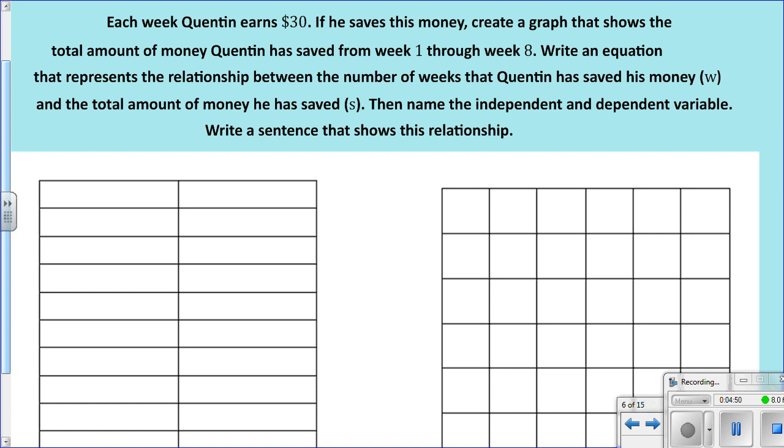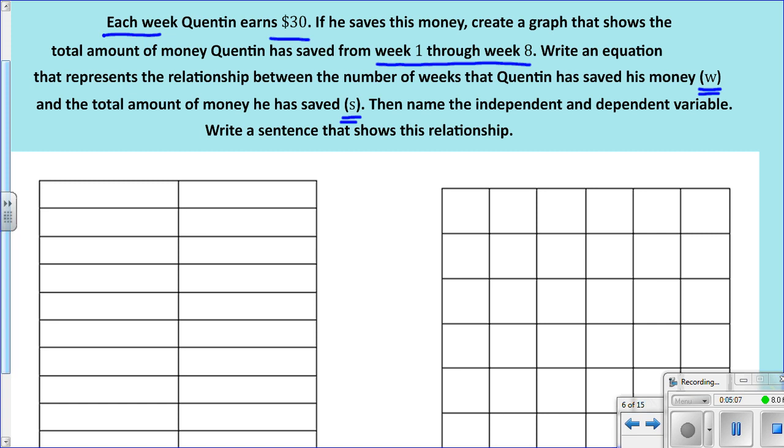Okay, so we see some key things here. We see that he has $30 each week, and that we are looking at weeks 1 through 8. We've got our S for our saved money and our W for our weeks.